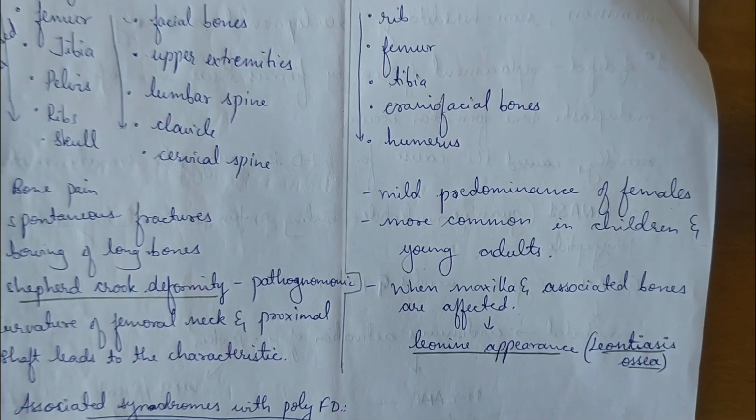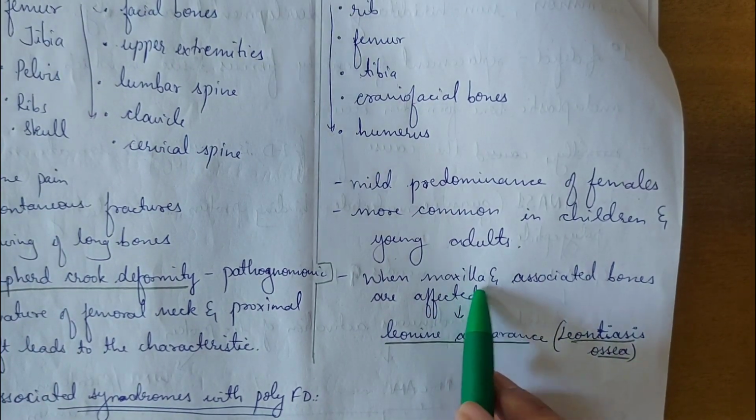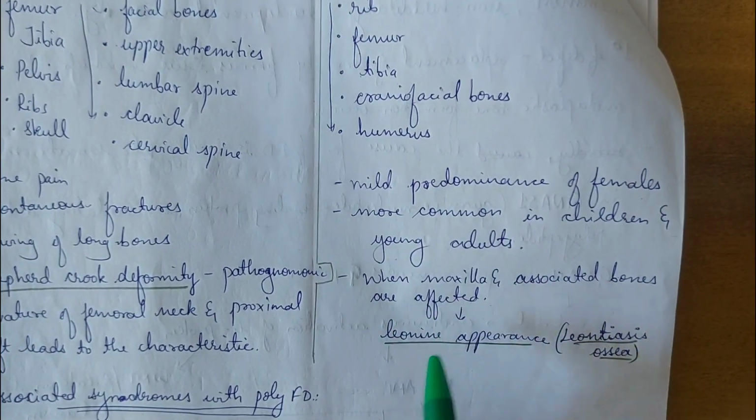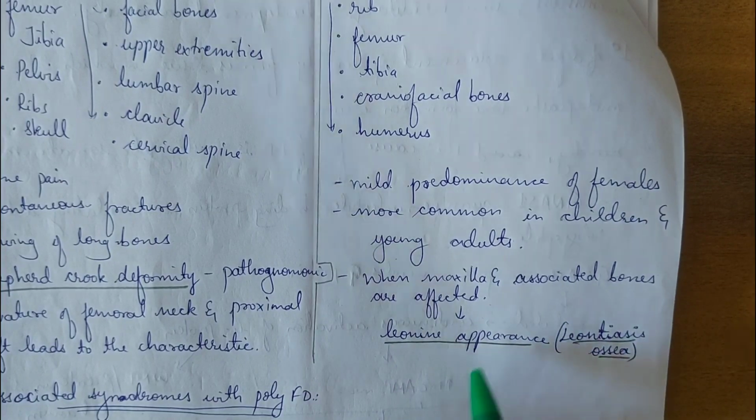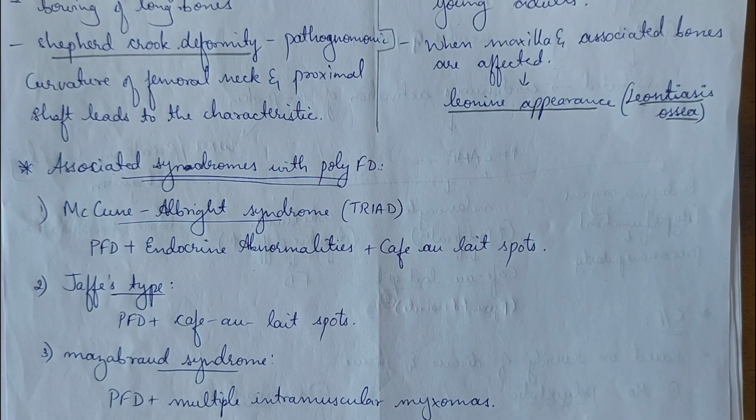Whereas in monoostotic, most commonly in children and young adults, when the maxilla and associated bones are affected, we can see a leonine appearance, like a lion face, also called leontiasis ossea. In fibrous dysplasia, we can see associated syndromes, usually with polyostotic. There are 3 syndromes.